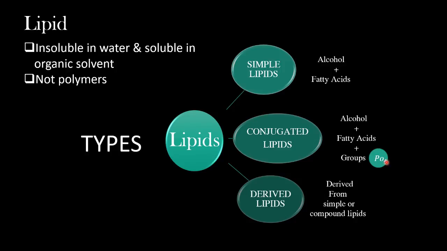It can be a sugar. So that is what a conjugated lipid is. And derived lipids are lipids derived from these simple lipids and conjugated lipids. So that's about the types of lipids.